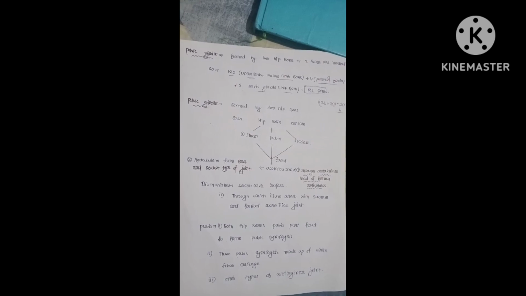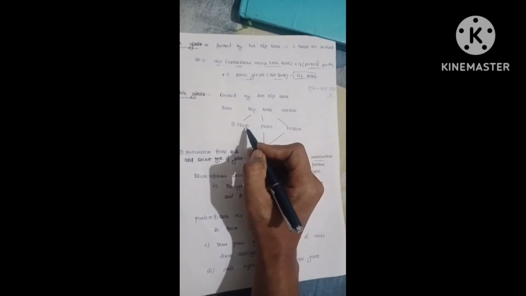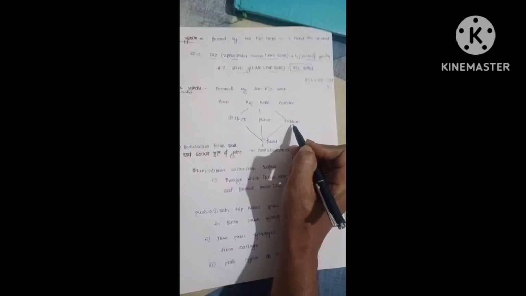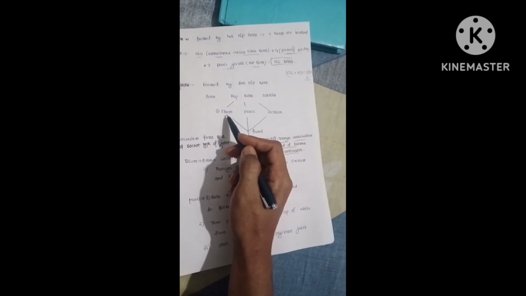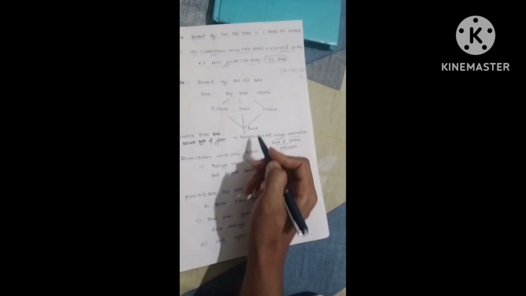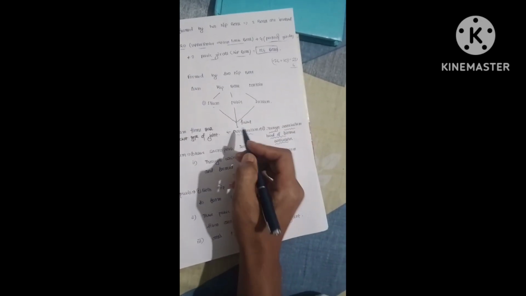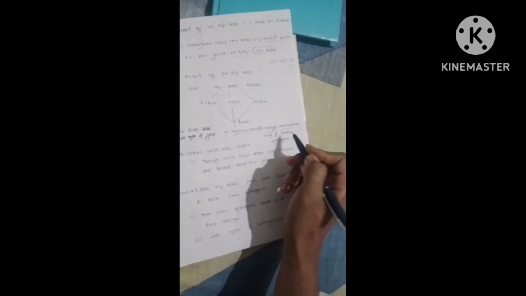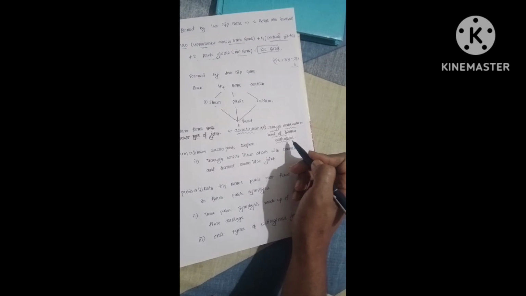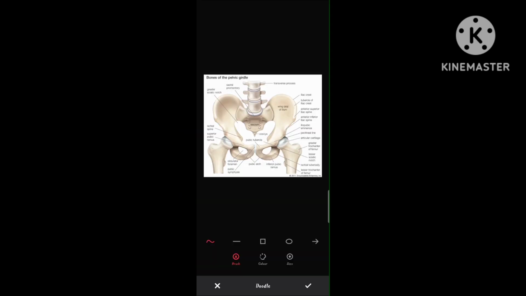The pelvic girdle is formed by two hip bones, and each hip bone contains 3 parts: ilium, pubis, and ischium. The ilium is the upper part, and the 2 lower parts are pubis and ischium.